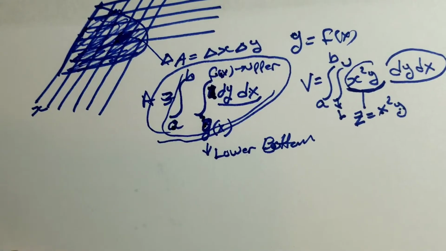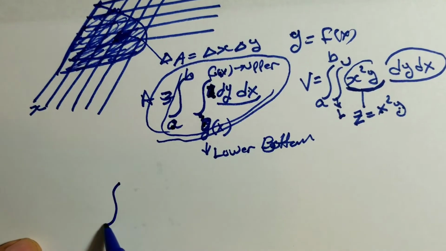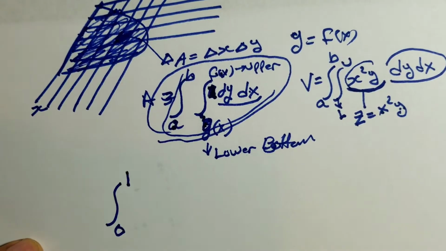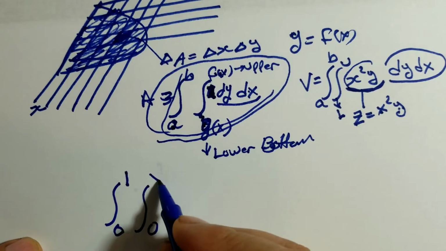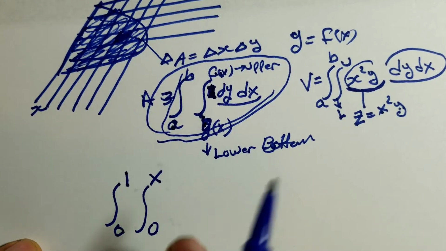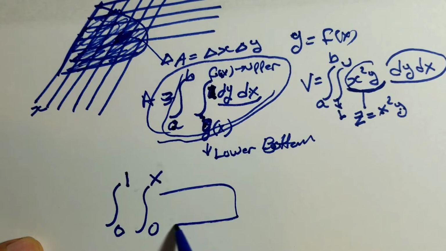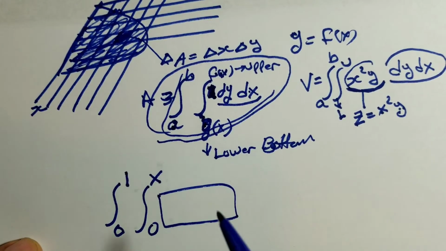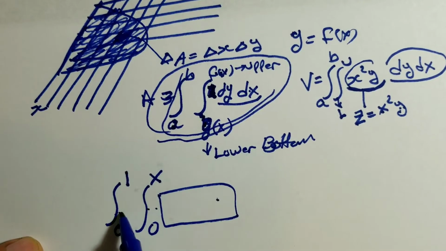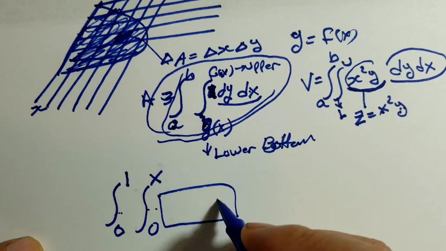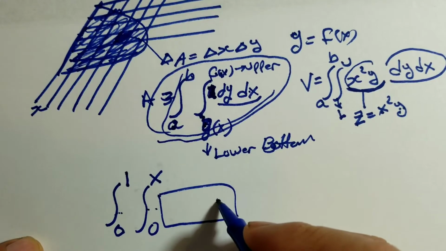Let's do an example. If I have from 0 to 1, and in here I have 0 to x, I don't care what is in here. Because you have a double integral, I need two variables of integration.